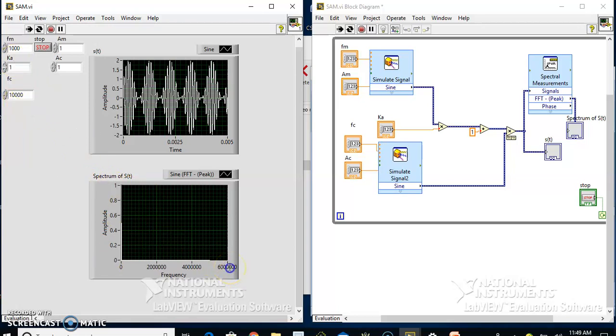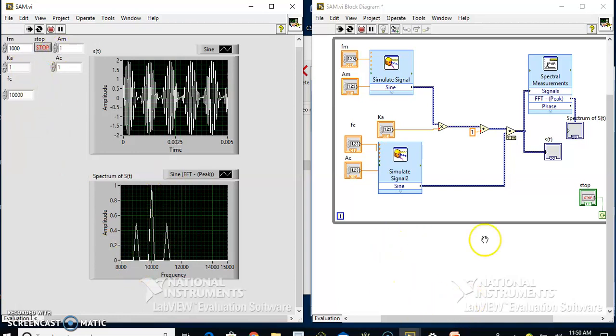So let me change this to 15 kHz, and then the start frequency I can make something like 8 kHz. Now you can see, since the carrier is at 10 kHz, this is the 10 kHz representation, this is 11 kHz, and this is at 9 kHz. So these are the two sidebands, and this is the carrier signal.